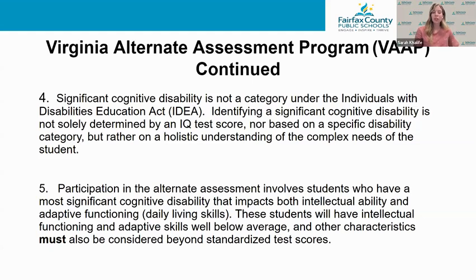Additionally, participation in the alternate assessment involves students who have a most significant cognitive disability that impacts both intellectual ability and adaptive functioning, sometimes called daily living skills. These students will have intellectual functioning and adaptive skills well below average, and other characteristics must also be considered beyond standardized test scores.